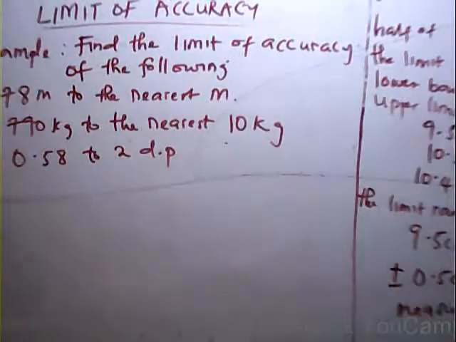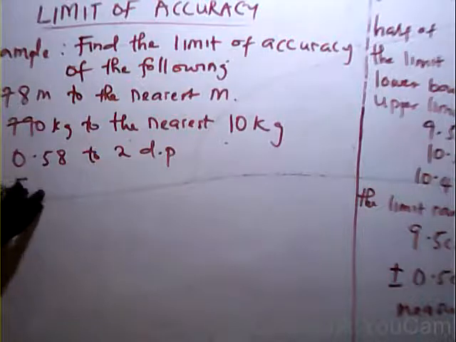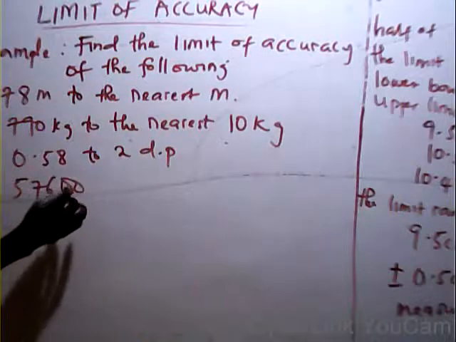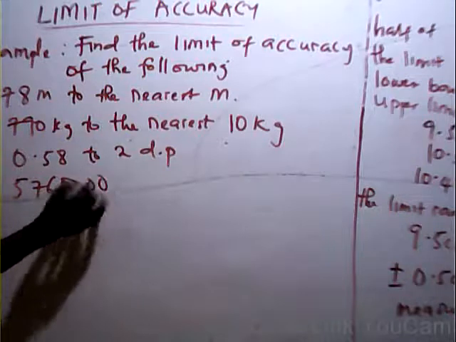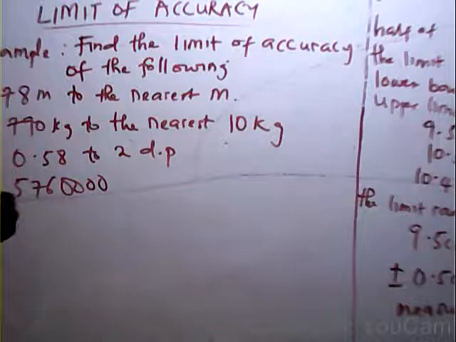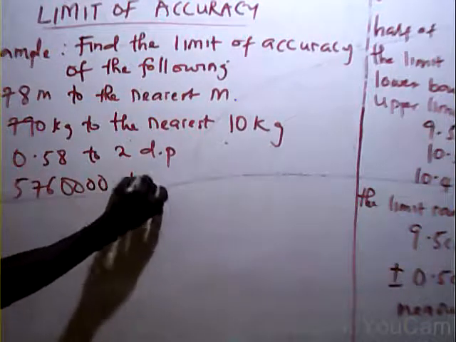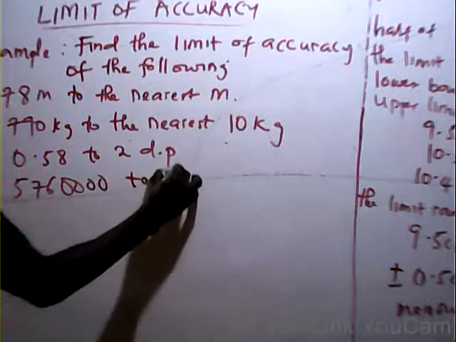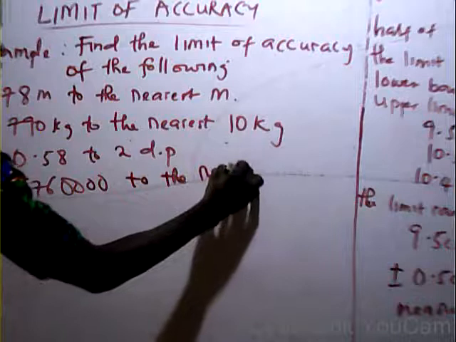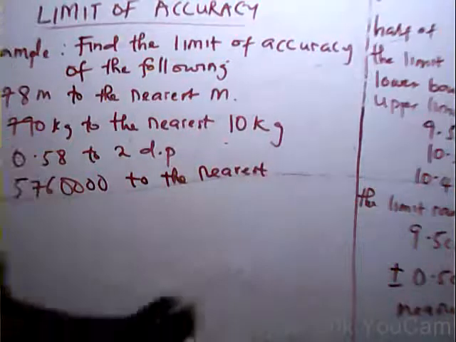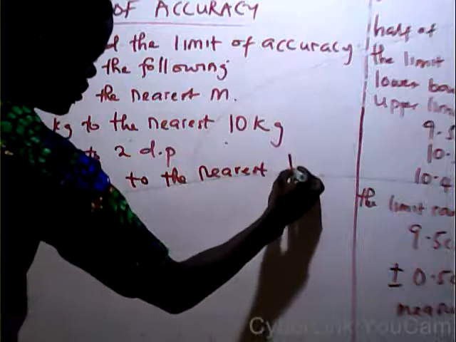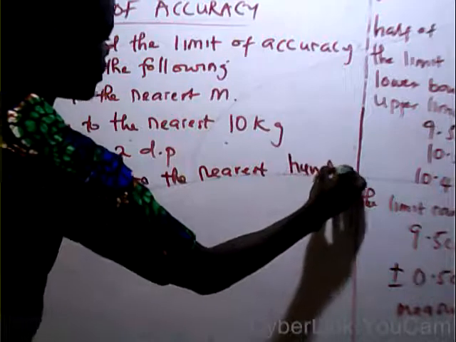Then D, which is 5640, to the nearest 100, I think.